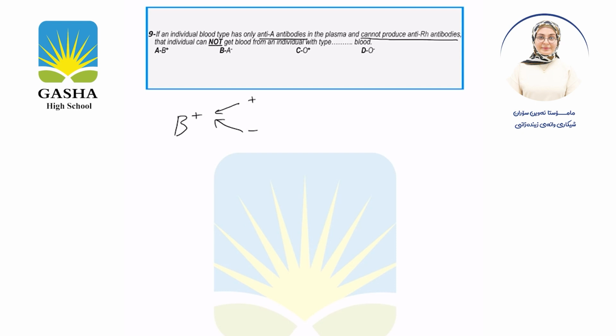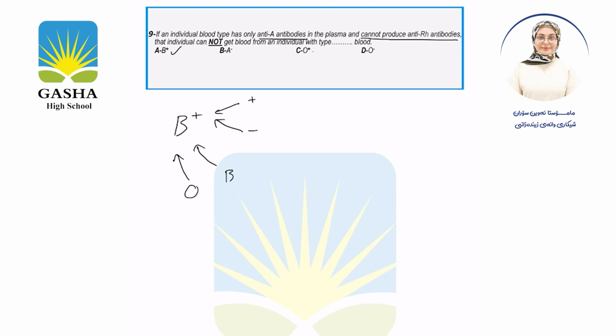Let's talk about the blood groups. Who can it get blood from? We know group B can get blood from only O and B. So we can give the blood to them from B and O. So right here, A is B positive, so it's true.